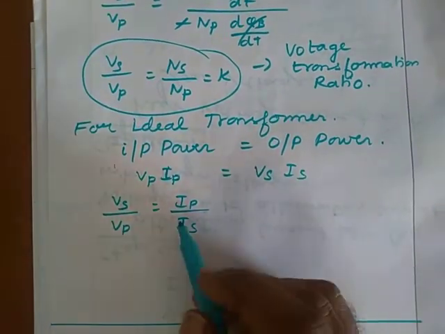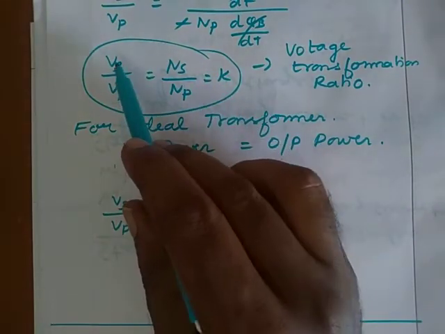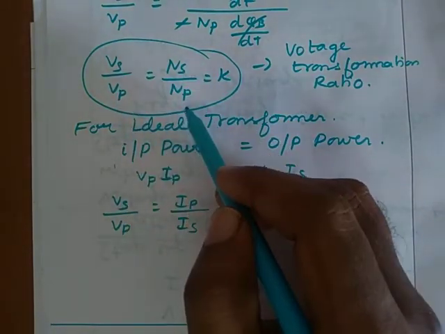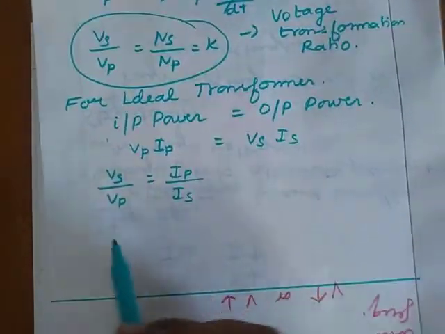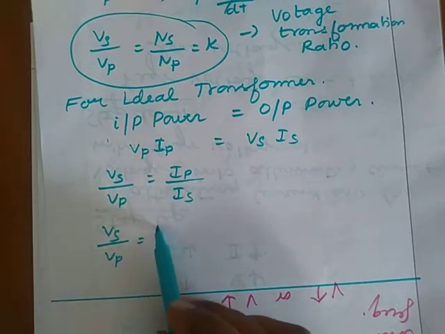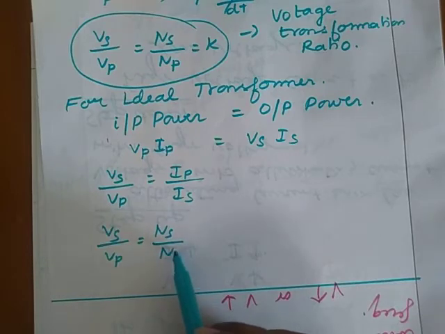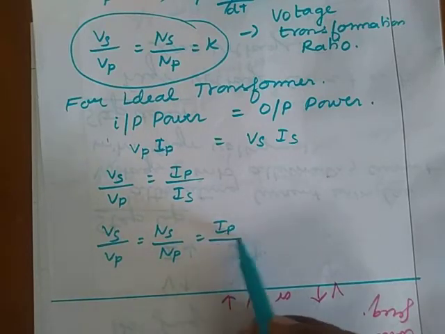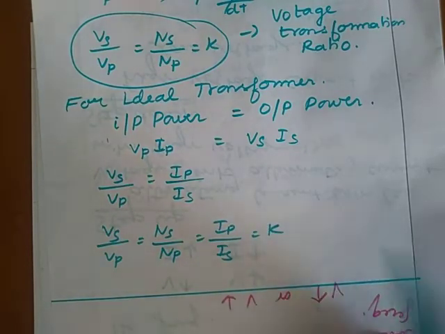We know V_s by V_p is equal to N_s by N_p is equal to k. Equating, V_s by V_p is equal to N_s by N_p is equal to I_p by I_s is equal to k.